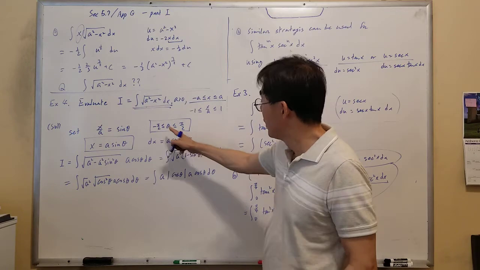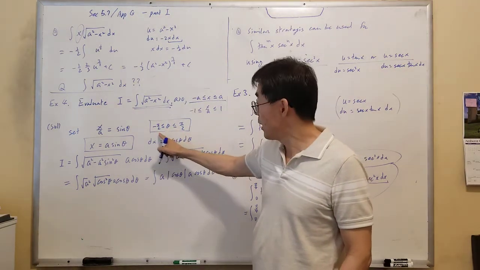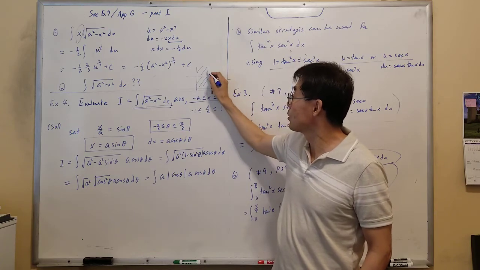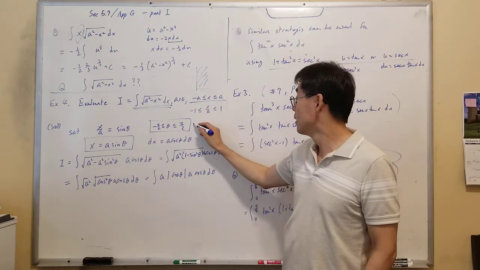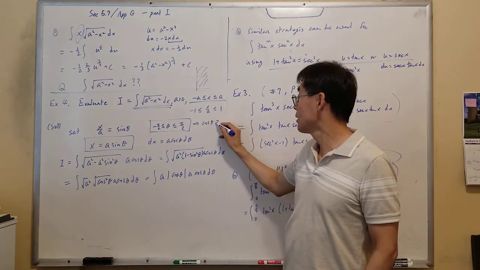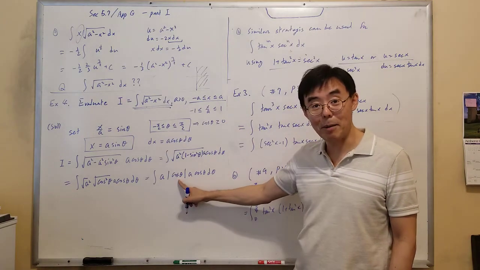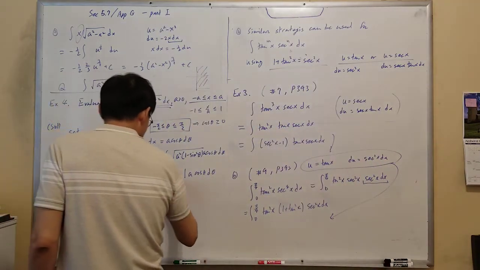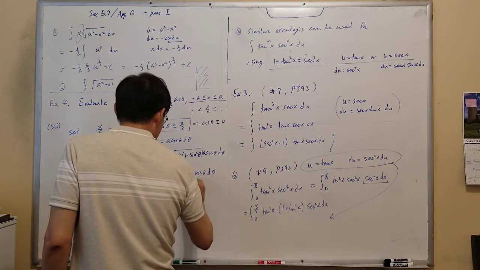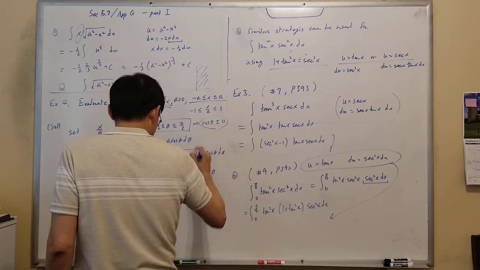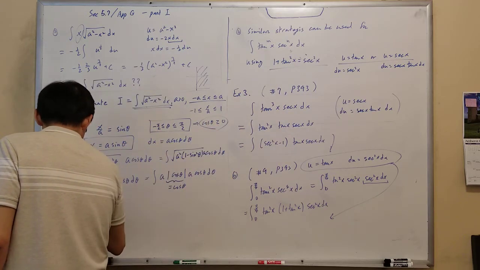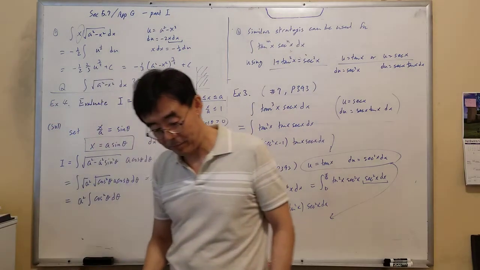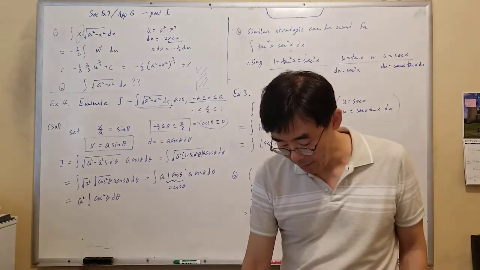Now, when theta is between minus pi over 2 and pi over 2, fourth quadrant to first quadrant, that's where cosine theta is greater than or equal to 0. So the absolute value of a non-negative number will be just the same, so this is just cosine theta because of this. Alright? So you have a squared cosine squared theta d theta. Okay?